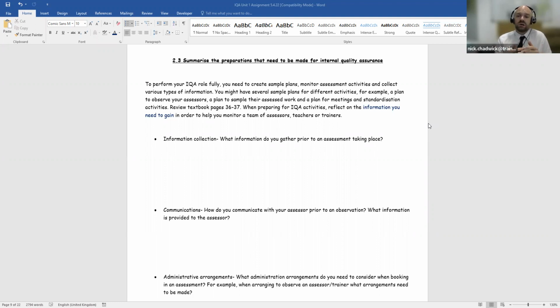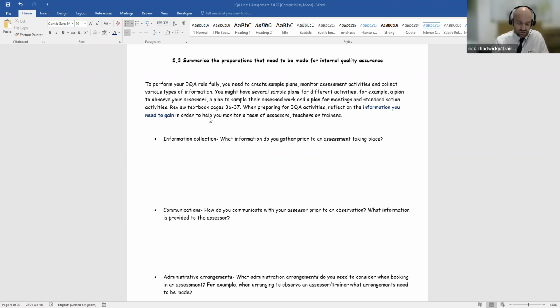But you also need lots of information in regards to who and what you are going to monitor as well. And do have a look at textbook pages 36 to 37.